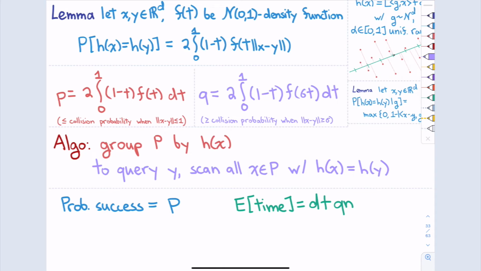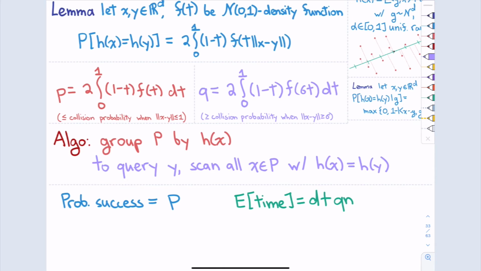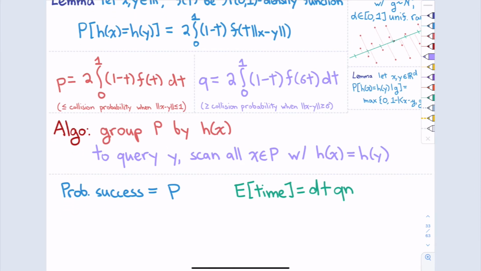If you wanted higher probability, and you repeated this thing log n over p times, then you'd be looking at a running time of something like d log n over p plus q over p n times log n.